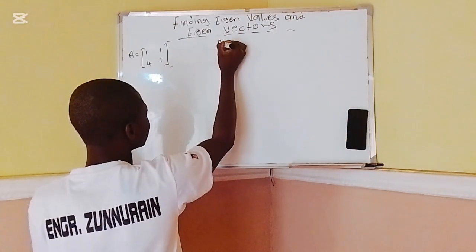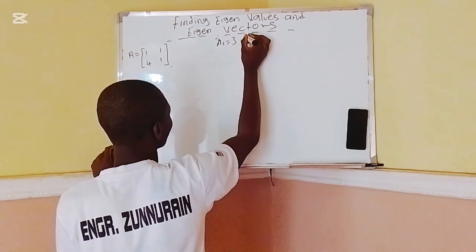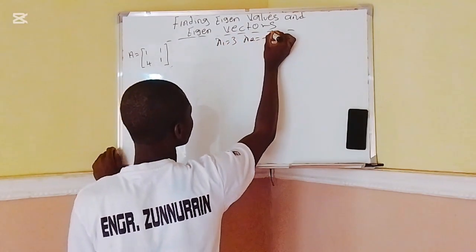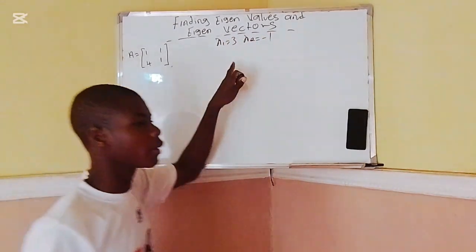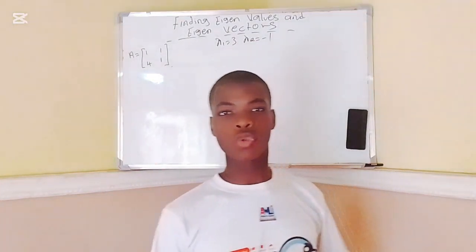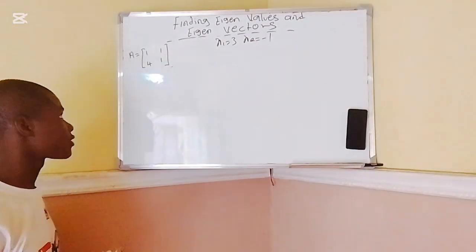You can put either lambda 1 to be -1, or lambda 2 to be 3.